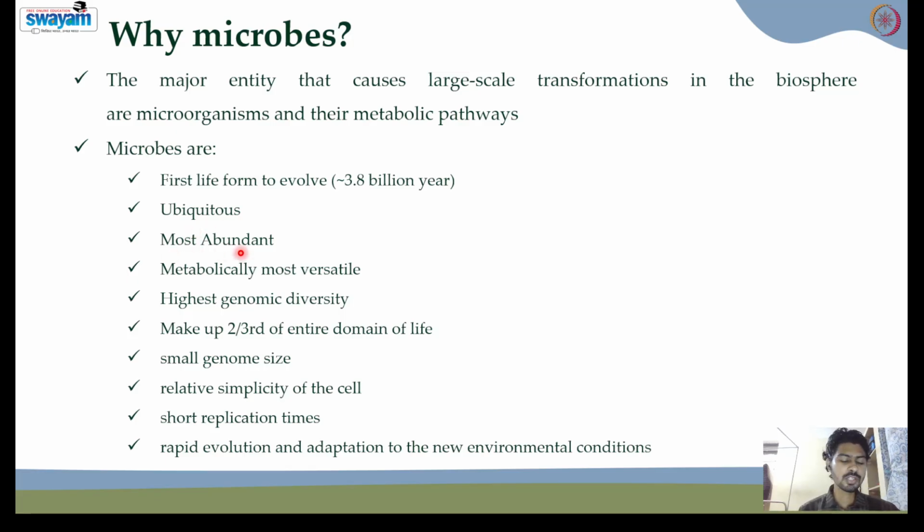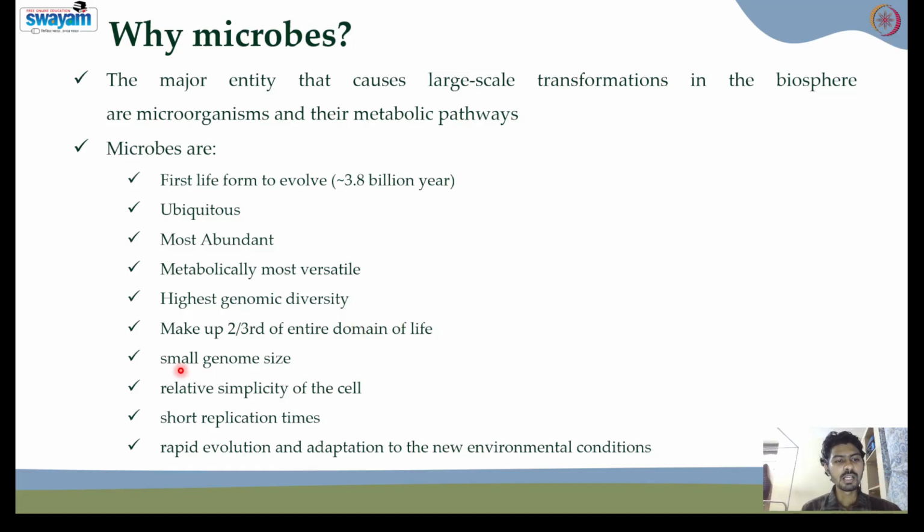And third most important, they are the most abundantly available and metabolically most versatile. That means they can eat anything, they can consume any kind of pollutant; they can consume a carbon source like sugar as well as a pollutant like emerging pollutants too. So they are metabolically most versatile, have the highest genomic diversity, and the microbes make up two-thirds of the entire domain of life.